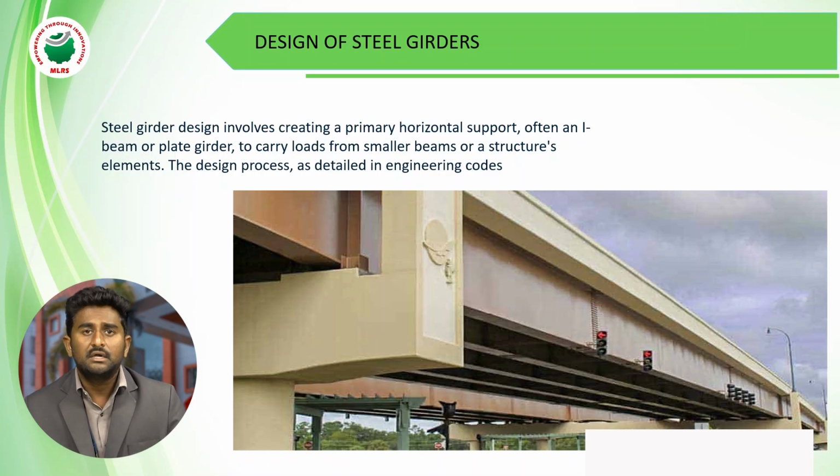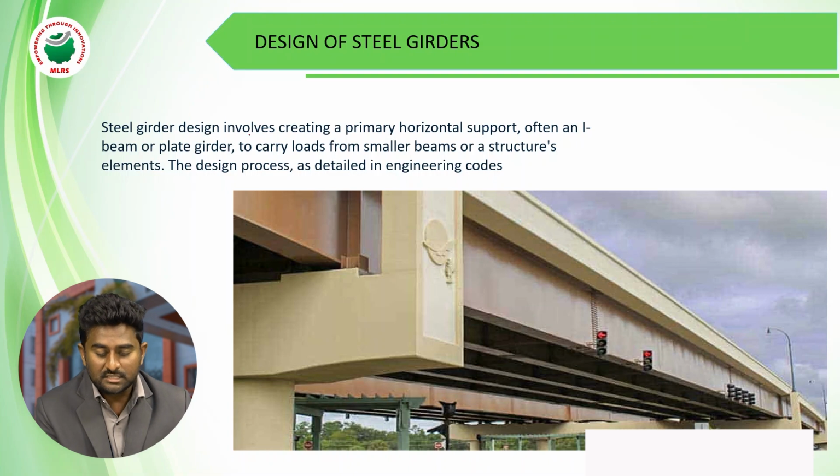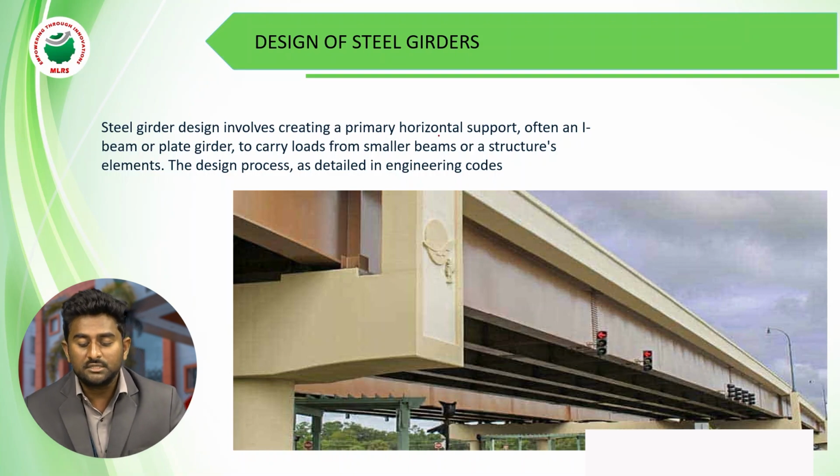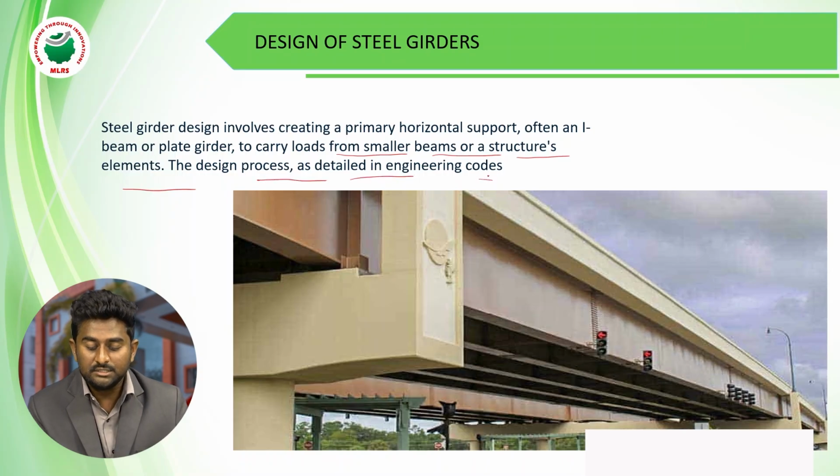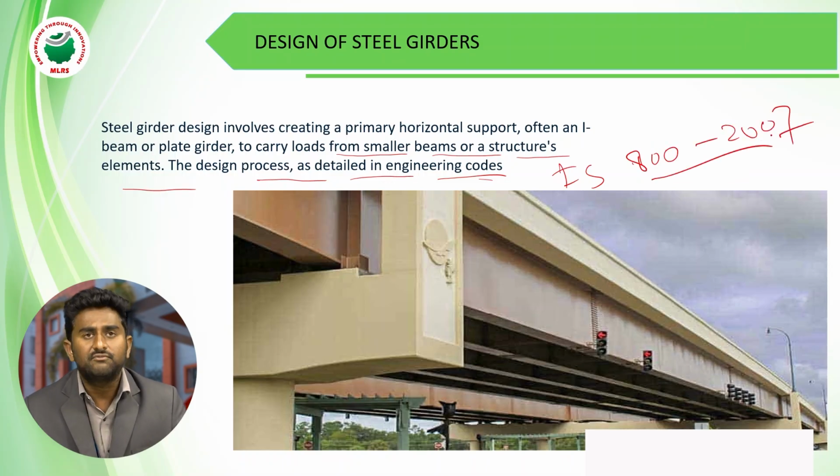That type of girder is known as a gantry girder. Steel girders are majorly involved in creating primarily horizontal support, often an I-beam plate girder carrying the loads of smaller beams and structural elements. The design procedure details are in the engineering code IS 800:2007. You can follow the Indian Standard IS code book.